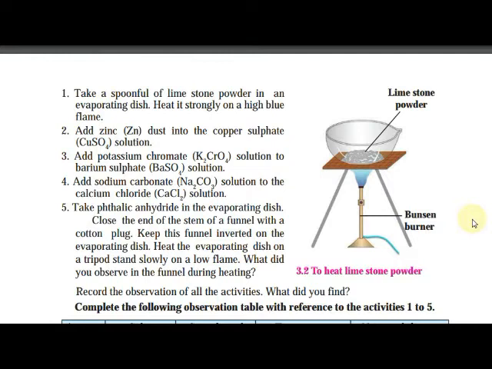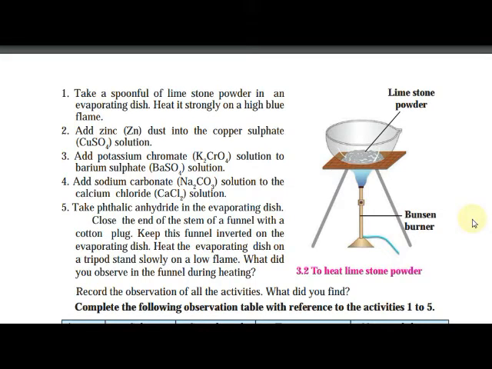Close the end of the stem of a funnel with a cotton plug. Keep this funnel inverted on the evaporating dish. Heat the evaporating dish on the tripod stand slowly on a low flame. What did you observe in the funnel during heating? Record the observations of all the activities.